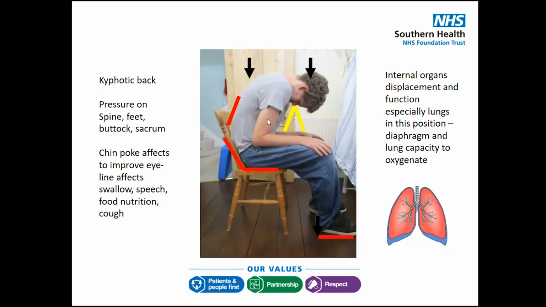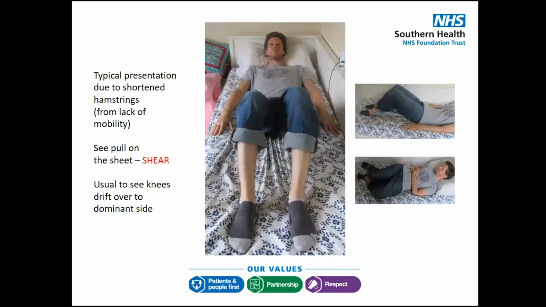So he won't be able to get that full inflation and deflation of the lungs. So again, we've got the importance of our saturation levels. If a person is left like this, where they have got potential, because obviously people have fixed postures, but where people have postures which can be accommodated and supported into a more open position, we have seen through some research that you can increase their oxygen saturation levels.